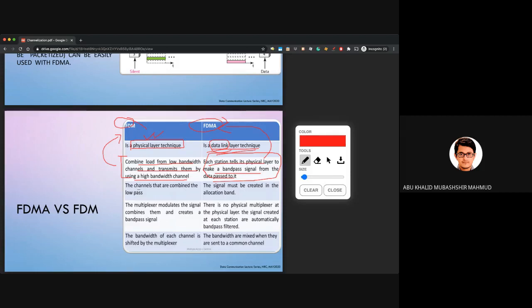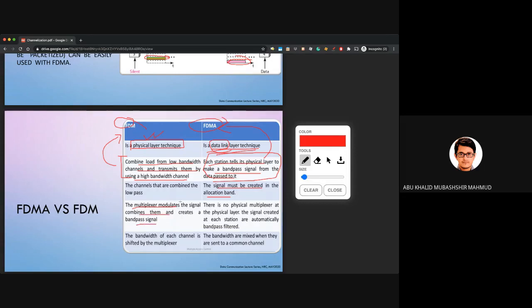In FDMA, the signals must be created in the allocated band. We have seen right here that each station is given a channel to transmit. So we move on to the next topic.